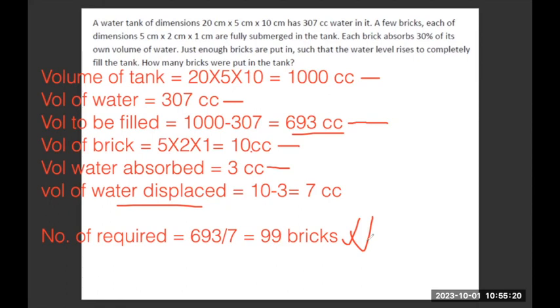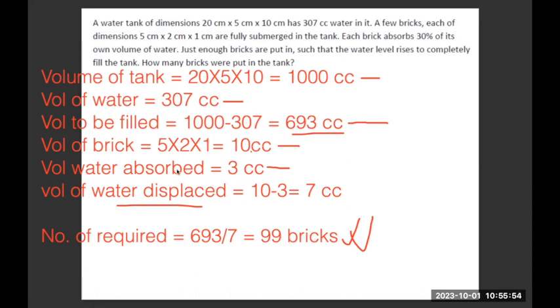Any doubts, any questions in this? Can you explain the second last formula you used? Which one? Volume of water displaced. The volume of water displaced, like I said earlier, if the brick is not absorbing any water, the total amount of water displacement will be 10 cc.